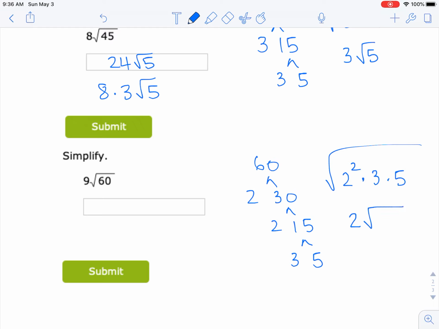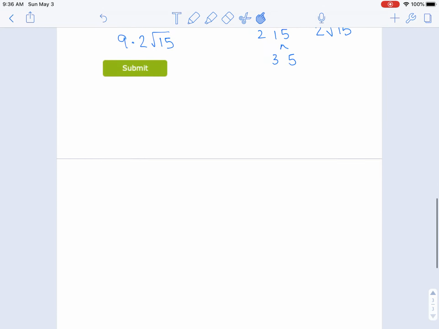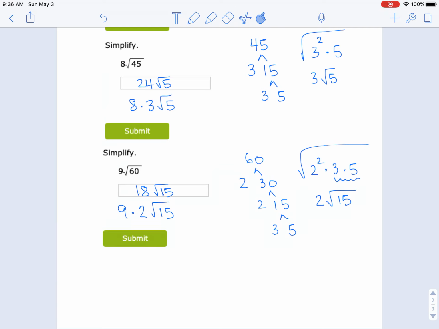So then this simplifies to 2 root 15, because I have to multiply the 3 times 5 inside. Now I take 9 times 2 root 15, and I get 18 root 15. And this ends simplifying.